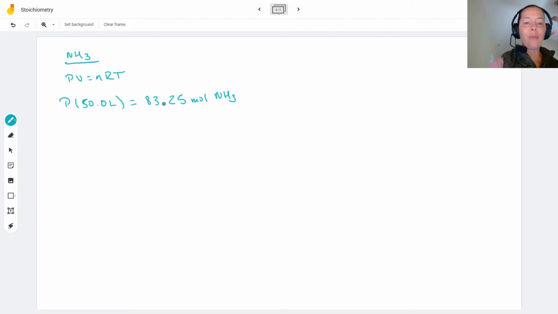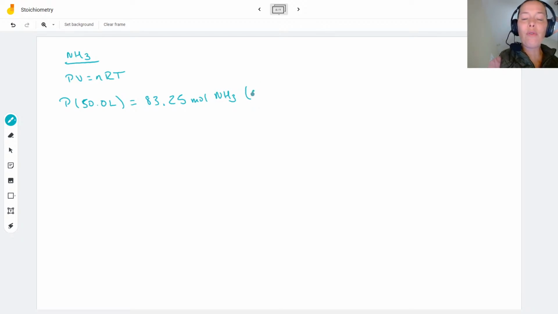Now we're going to have to apply ideal gas law twice, so it is important that you don't just put moles here, but you keep track of which compound or which molecule you're talking about. Now, my value of R, this is dependent on what my units for pressure and volume are. So I want pressure to be in atmospheres, and of course my volume is given in liters.